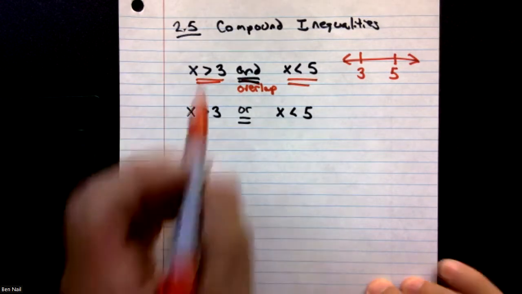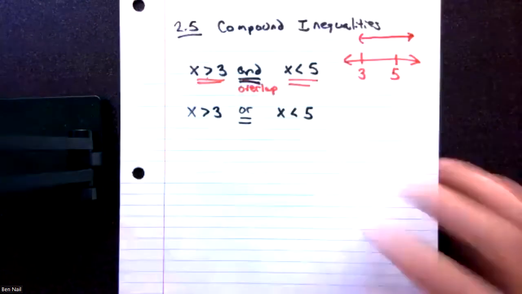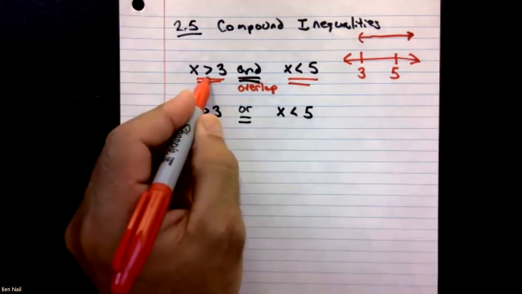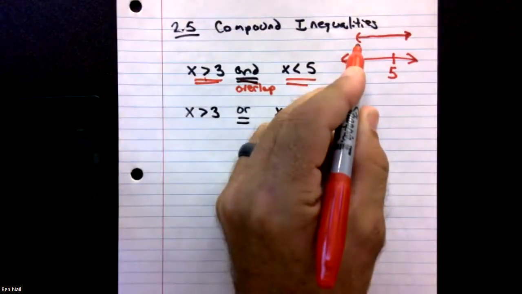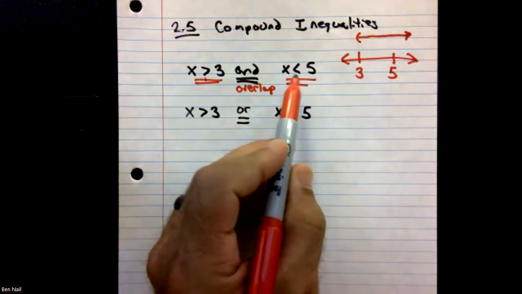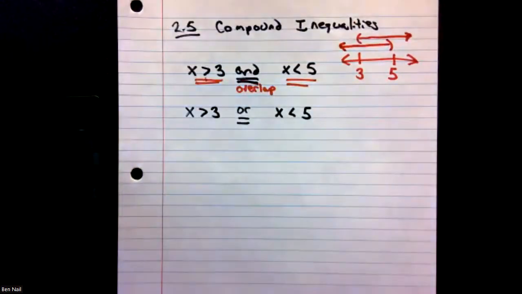Okay, so if we're talking about numbers bigger than 3, that would be a parenthesis with shading to the right here. So that's this one, x is greater than 3. That looks like that. And then x is less than 5. Open parenthesis, looks like that.